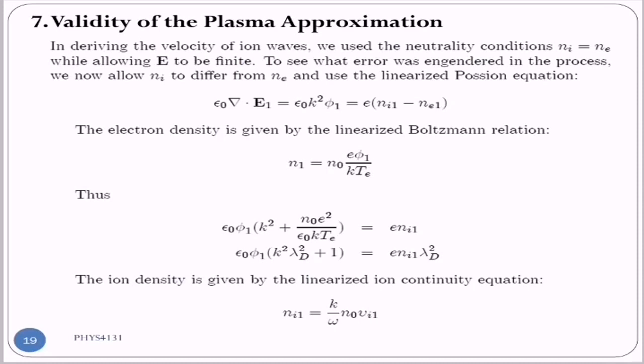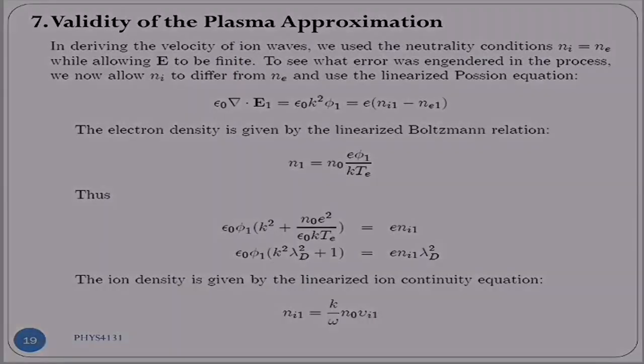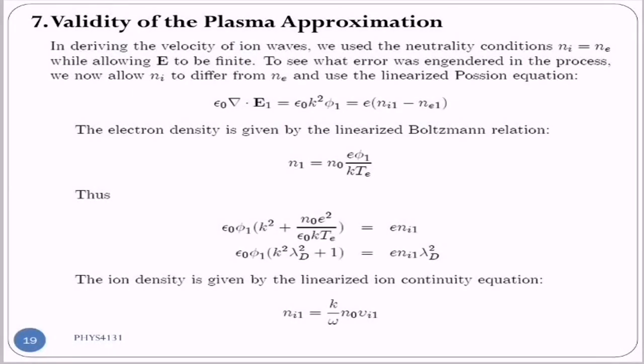The ion density is given by the linearized ion continuity equation, Ni1 equal to k over omega n naught Vi1. We now use this value of Ni1 in the ion equation of motion.